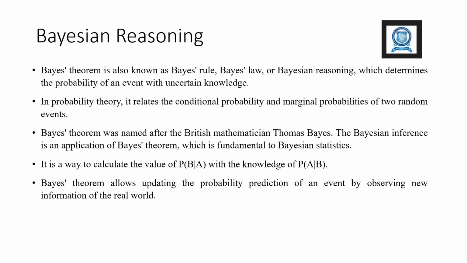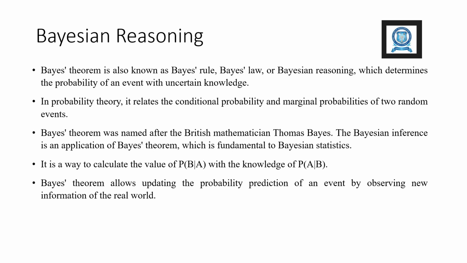Bayesian reasoning. Bayes' theorem is also known as Bayes' rule, Bayes' law, or Bayesian reasoning, which determines the probability of an event with uncertain knowledge. In probability theory, it relates the conditional probability and marginal probabilities of two random events. Bayes' theorem was named after the British mathematician Thomas Bayes.